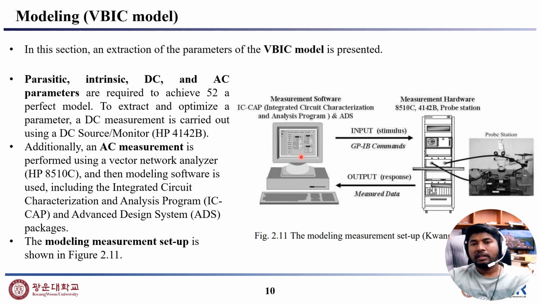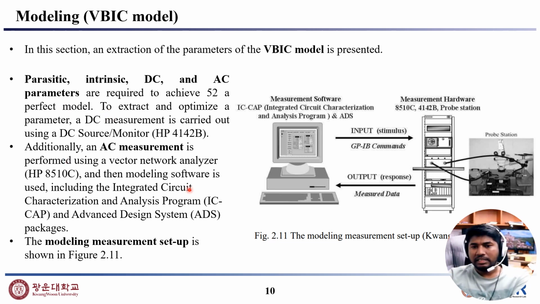And modeling of the device. In this section we will discuss the extraction of the parameters of the VBIC model. First of all, parasitic, intrinsic, DC and AC parameters are required to achieve a perfect model.